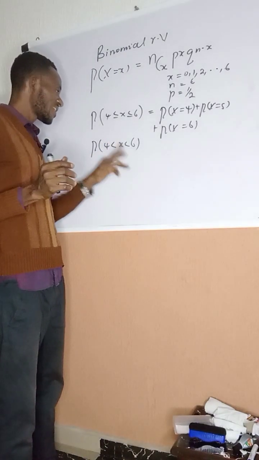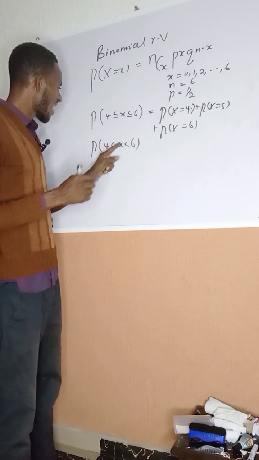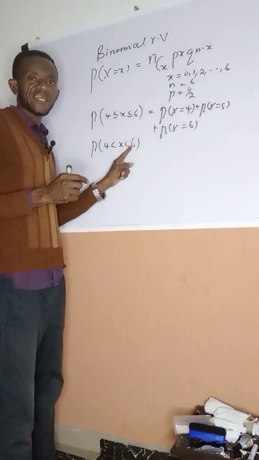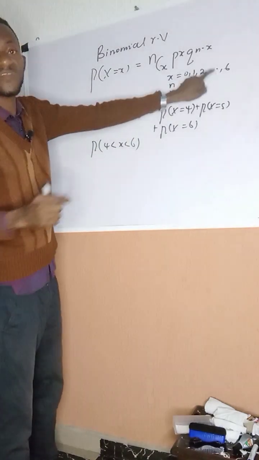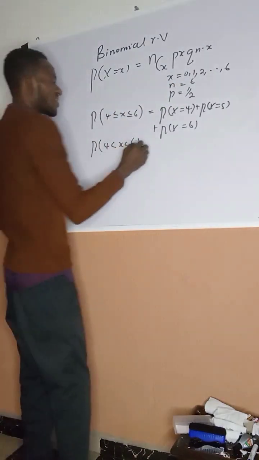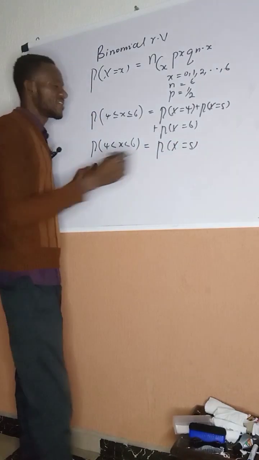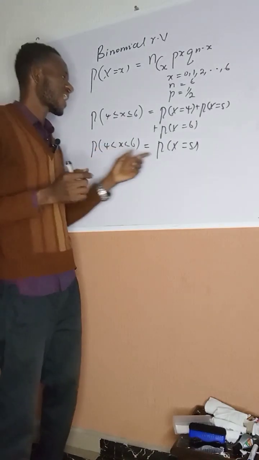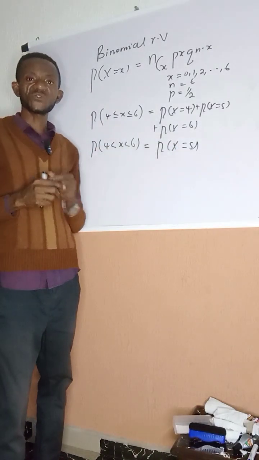In fact, what is written here on the board now is the probability that x is 5. Because x is going to be greater than 4 and less than 6, and the only number in between is 5. So here we say the probability that x equals 5. You see how this question could be. They can give you something of this kind and expect you to know that it is the probability that x equals 5.